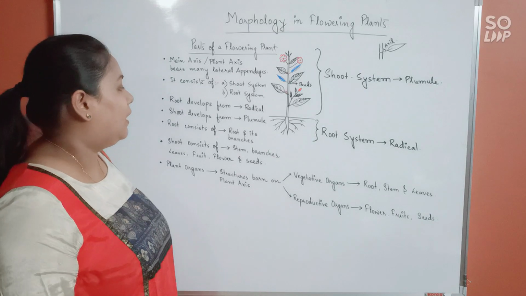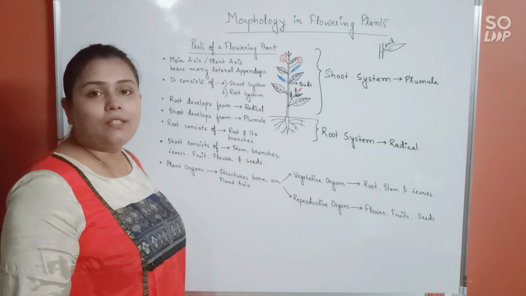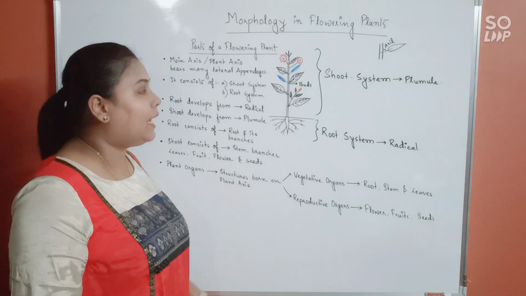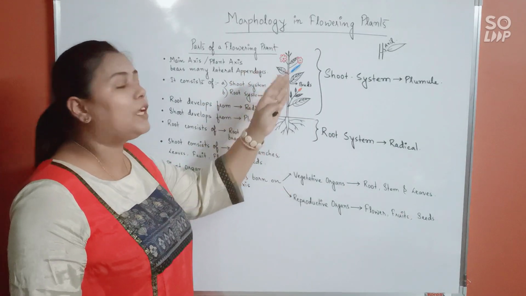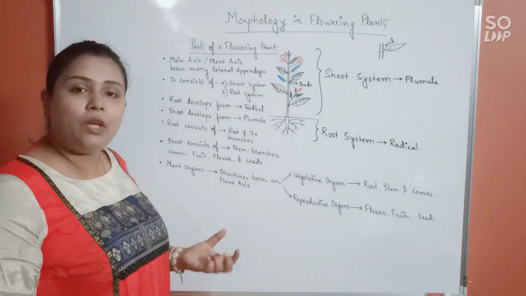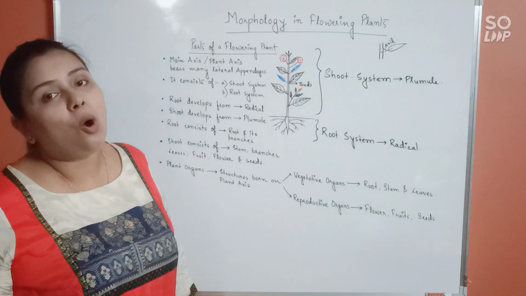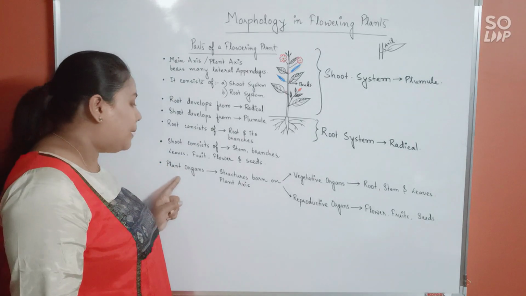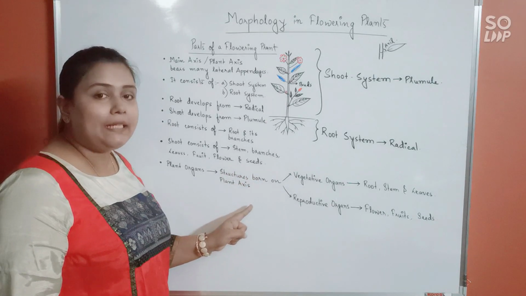Fine. Now that we have talked about so many parts associated in the plant body, like the root branches, the stem and leaves and all the parts associated, we can say that all these parts are plant organs. Alright. So see, plant organs are structures which are born on the plant axis.